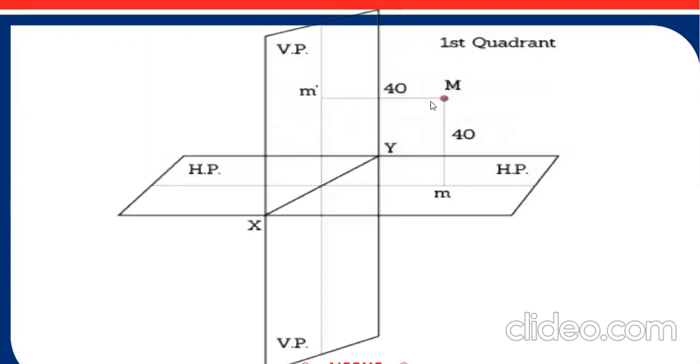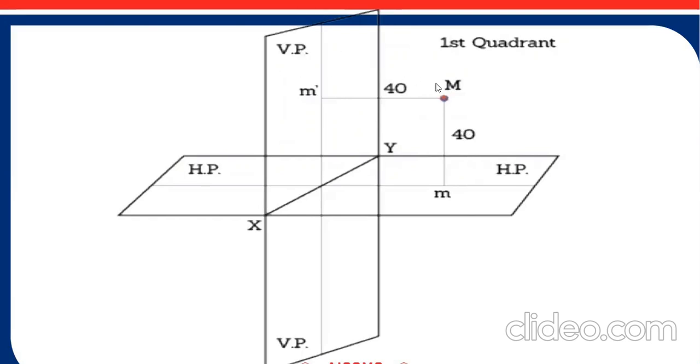Now suppose this is the first quadrant, and point M is there. Point M is 40 mm above the HP and 40 mm in front of VP. This is the VP, the vertical plane.